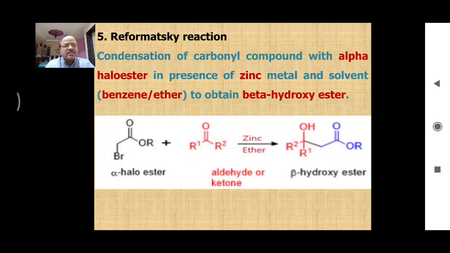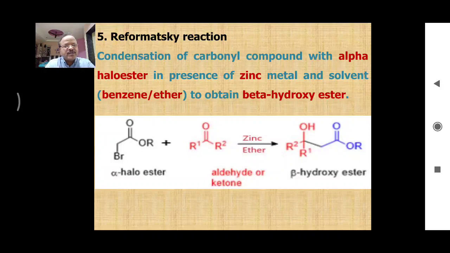So the starting compounds used in Reformatsky reaction are carbonyl compounds. Remember, along with these carbonyl compounds, alpha haloesters are used in presence of zinc metal and benzene or ether as a solvent, and the product of a Reformatsky reaction is beta hydroxy ester.